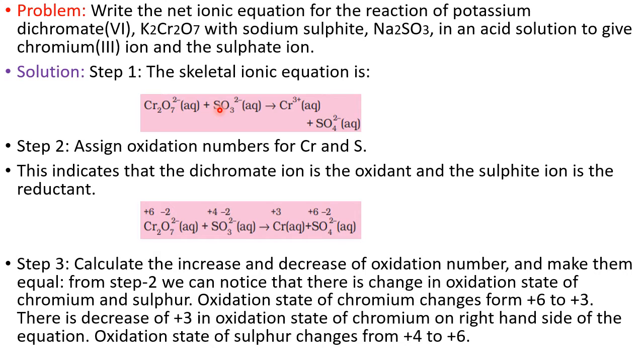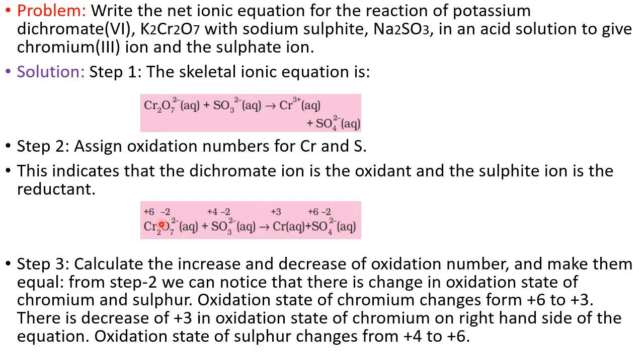In the oxidation number method, first what you have to do, after writing the skeletal equation, is see where is the increase in the ON and where is the decrease in the ON. So this is the main equation. Then first I will assign the ON.